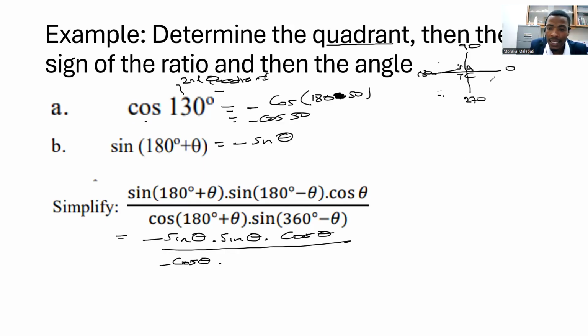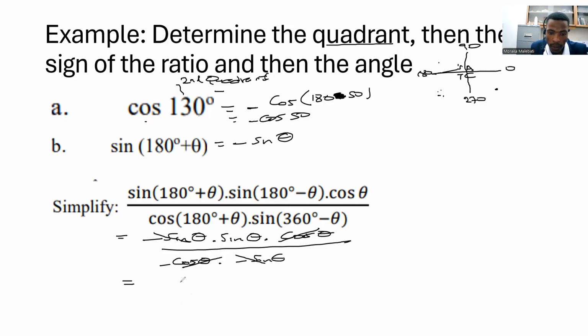Then sine 360 minus theta is in the fourth quadrant, but only cos is positive. It means we'll have minus sine theta. Then we can simplify everything together. So this and that will cancel each other out. Then cos and cos will cancel each other out.